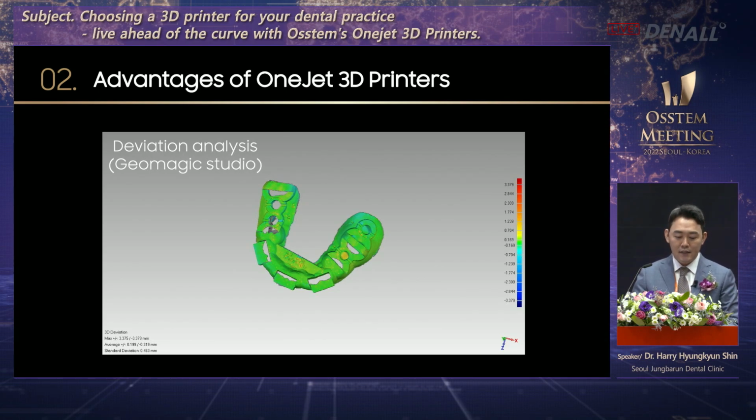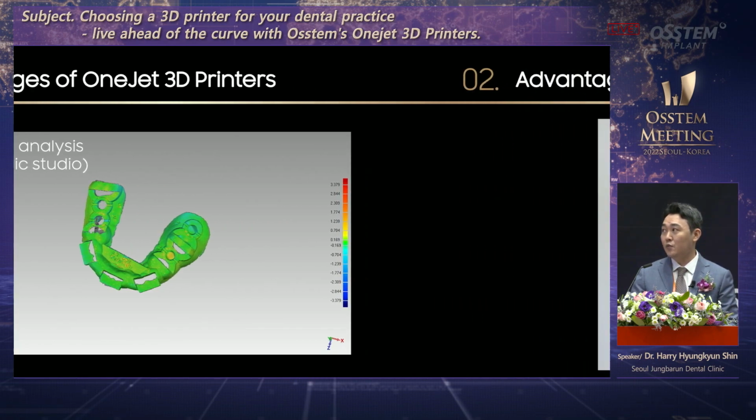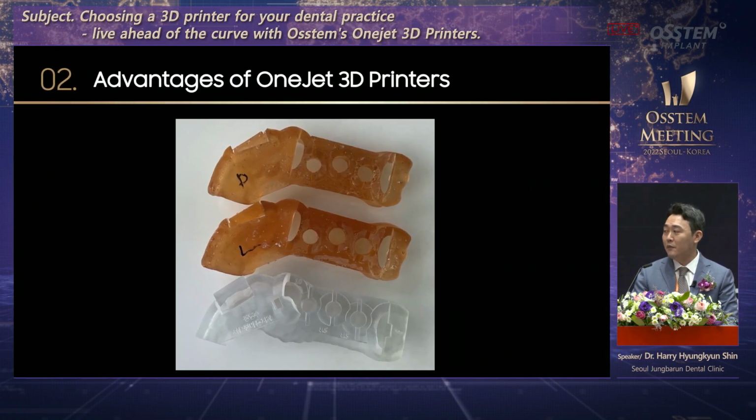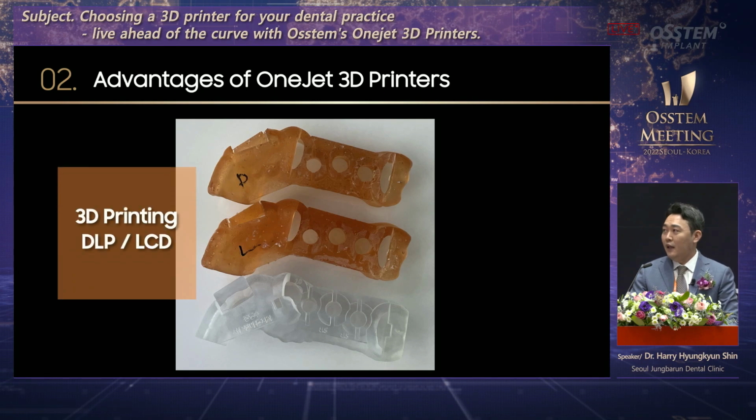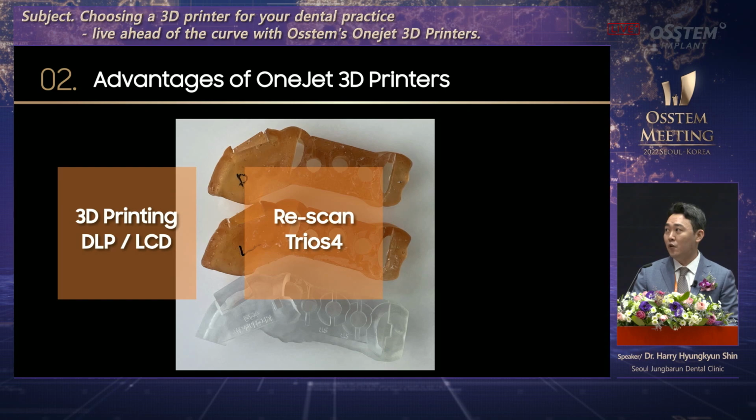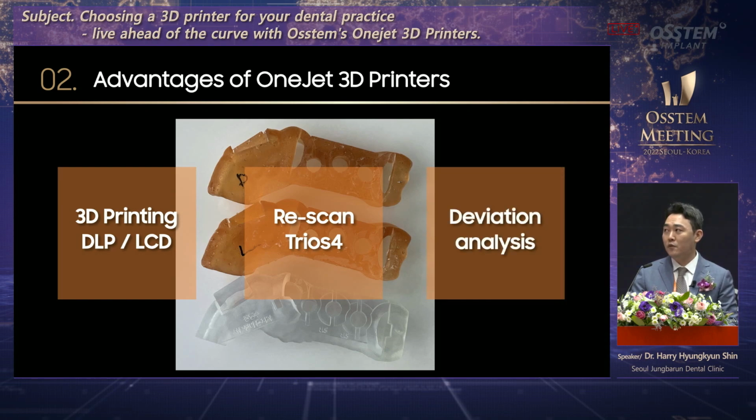They're close to green. That means one-jet is good enough compared to a very expensive polyjet printout. So there's no difference. Likewise, LCD and DLP, I compare them. We have both of them in our clinic.